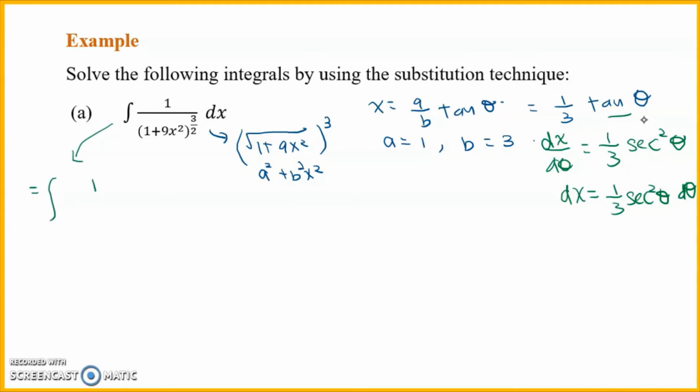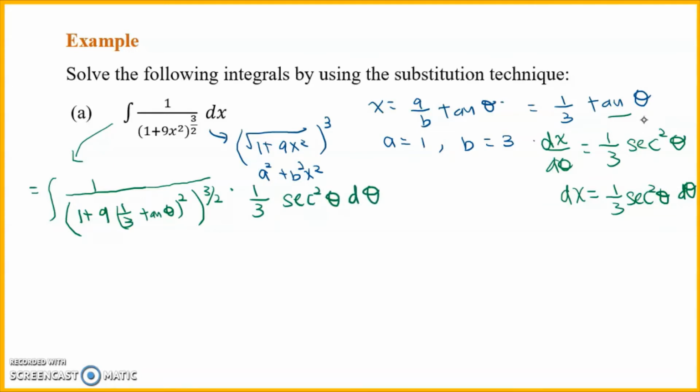So we have 1 over 1 plus 9 times 1 over 3 tangent theta, squared, to the power of 3 over 2 for the whole term, and dx becomes 1 over 3 secant square theta d theta. This term is actually equal to 1 over 9 tangent square theta, right? So this 9 and this 9 can be cancelled.